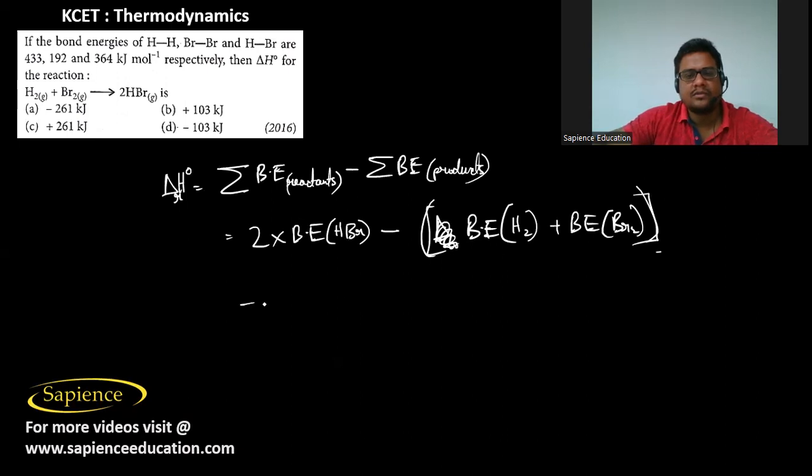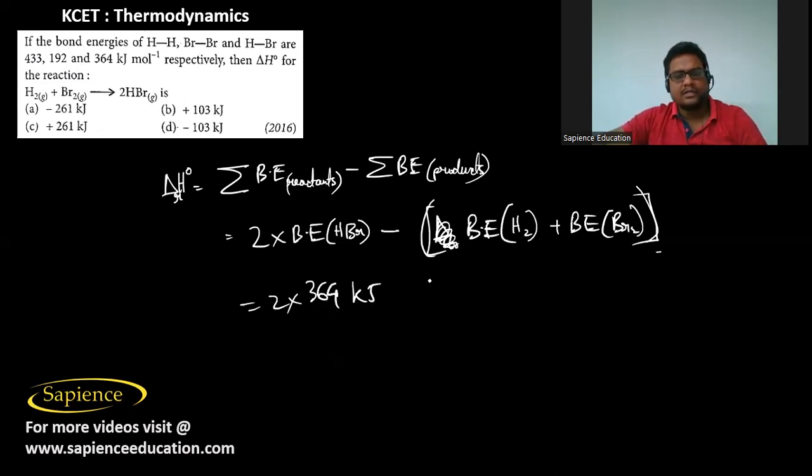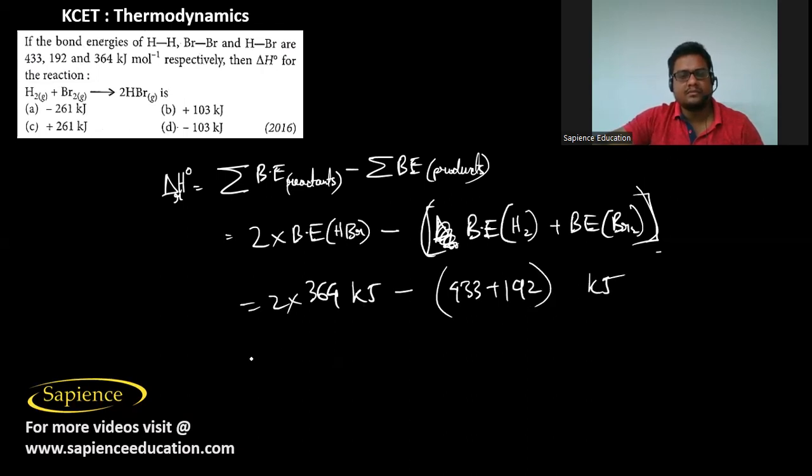So this will be equal to 2 times the bond enthalpy of HBr, that is 364 kilojoule per mole, minus the bond enthalpy of H2, that is 433, plus the bond enthalpy of Br2, that is 192. So this much kilojoule will come.